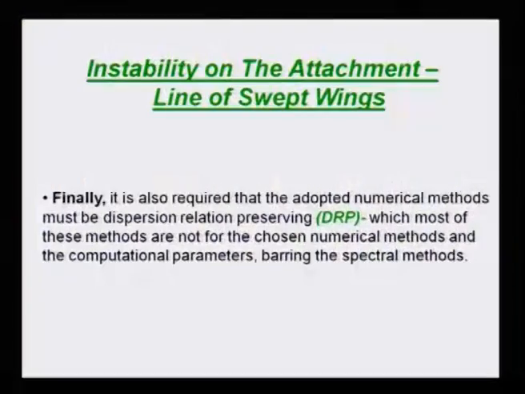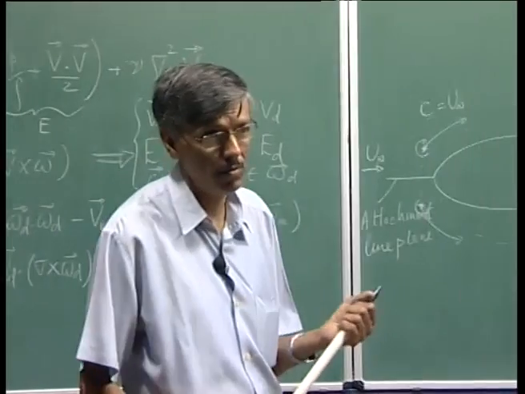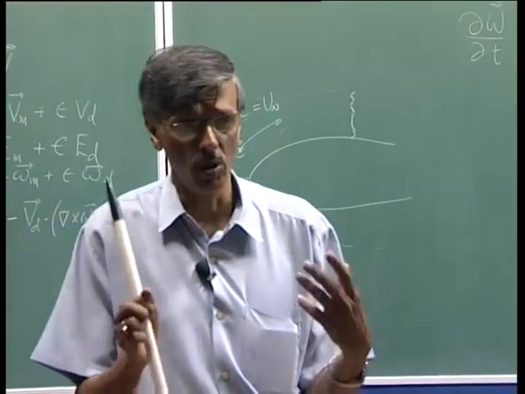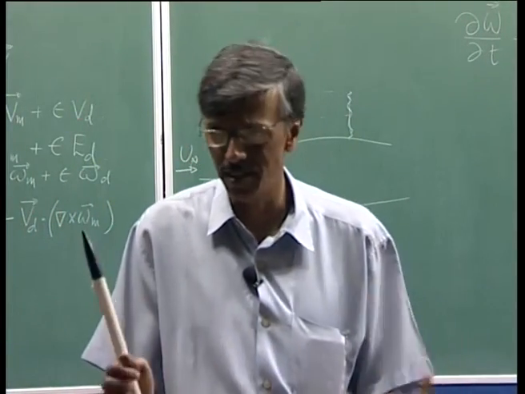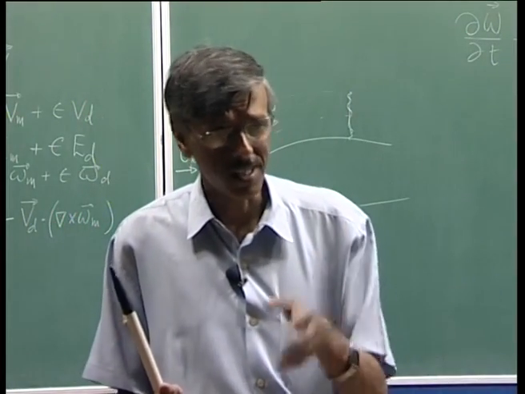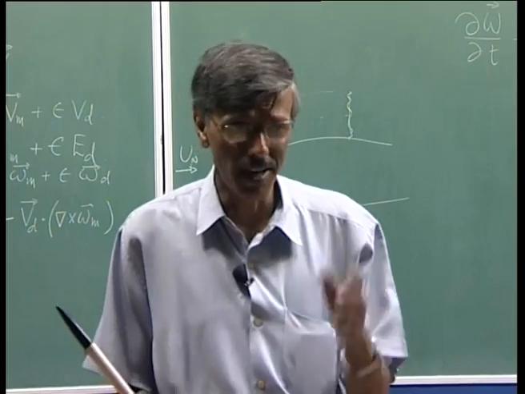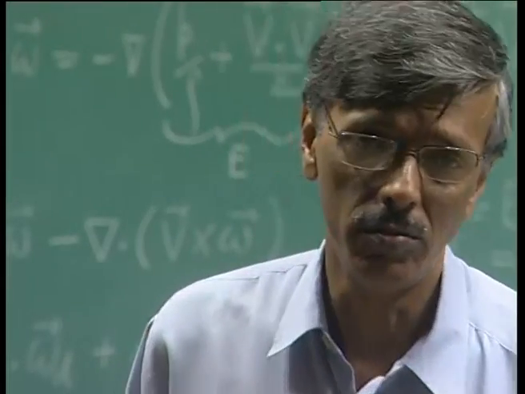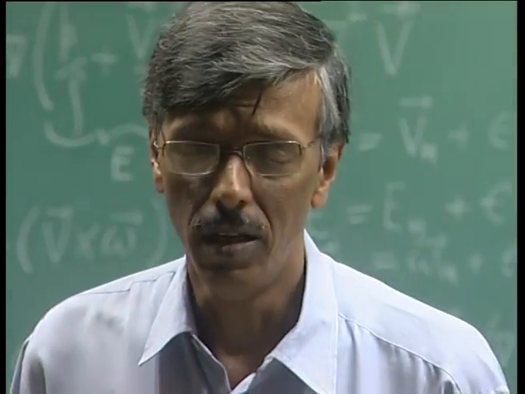What happens with spectral methods? Spectral method is probably the gold standard of computing, because it provides you the exact physical dispersion relation, provided you use, let us say, the Fourier spectral method.